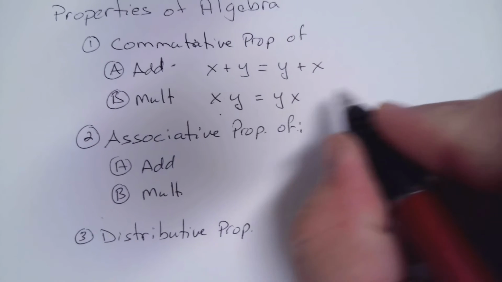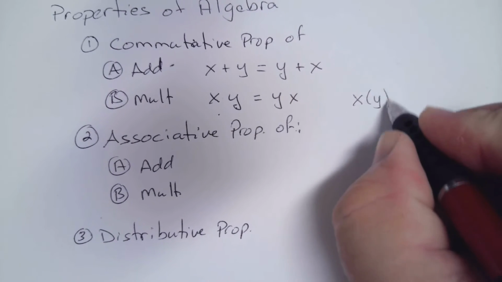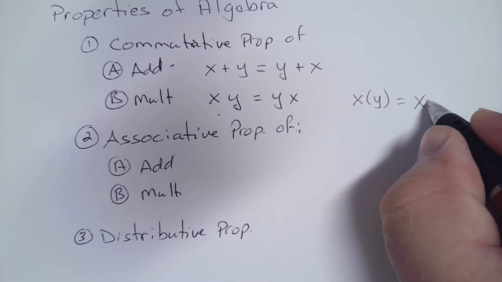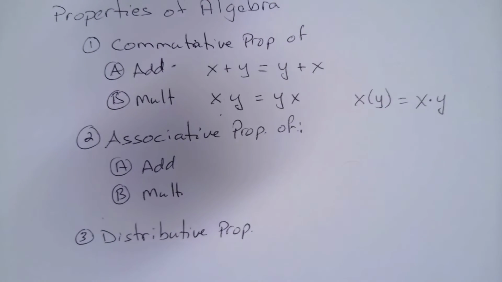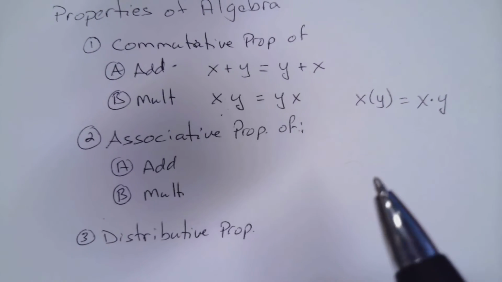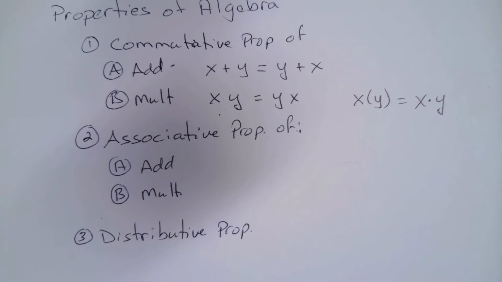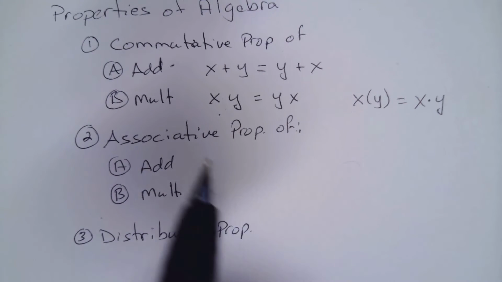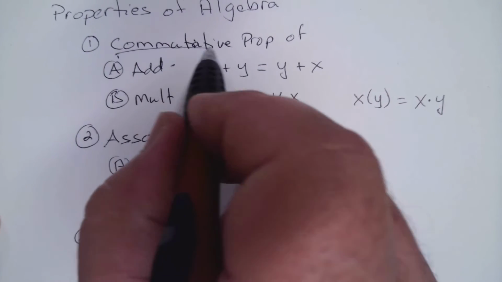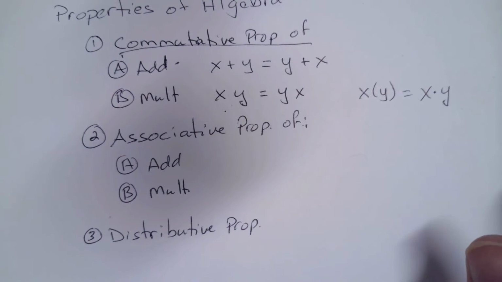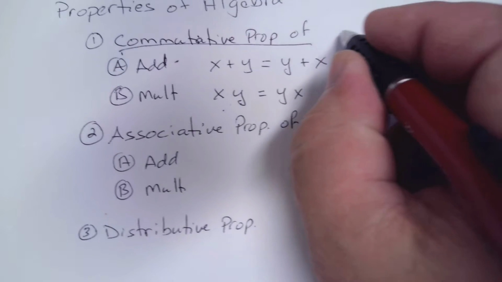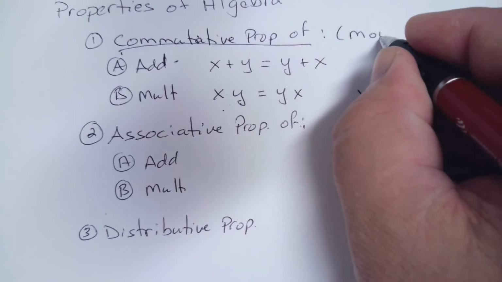Because remember, this is the same thing as that, or if you're dealing with letters, variables, or equations, then you don't need anything between them. So the commutative property tells us how we can move things around.